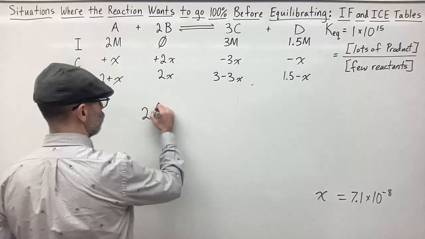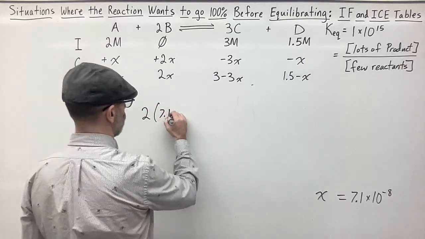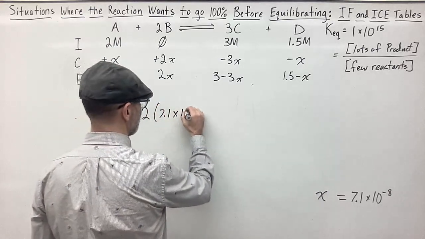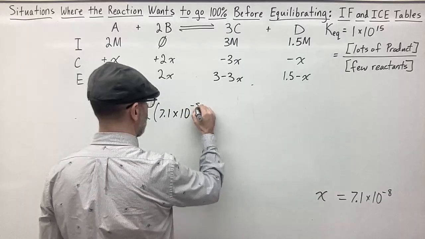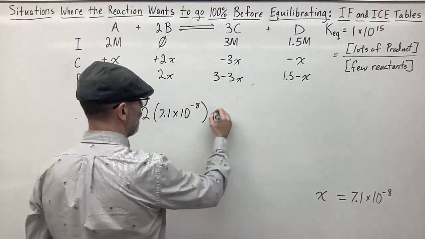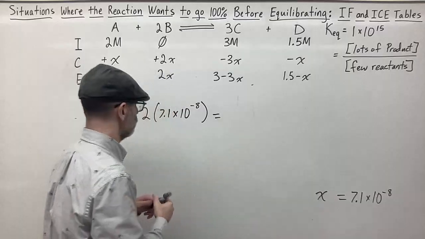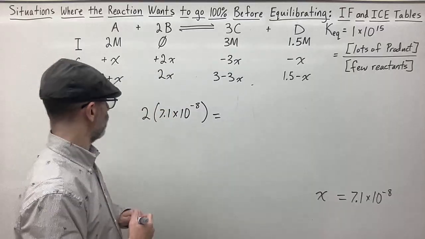So we take 2 times 7.1 times 10 to the negative 8.